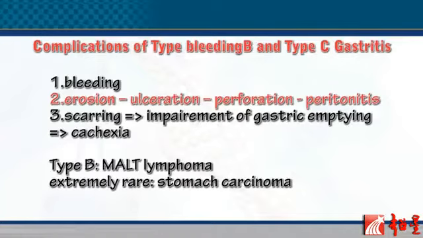The third is scarring. And type B gastritis is associated with lymphoma, mild lymphoma, and some are also associated with stomach carcinoma.